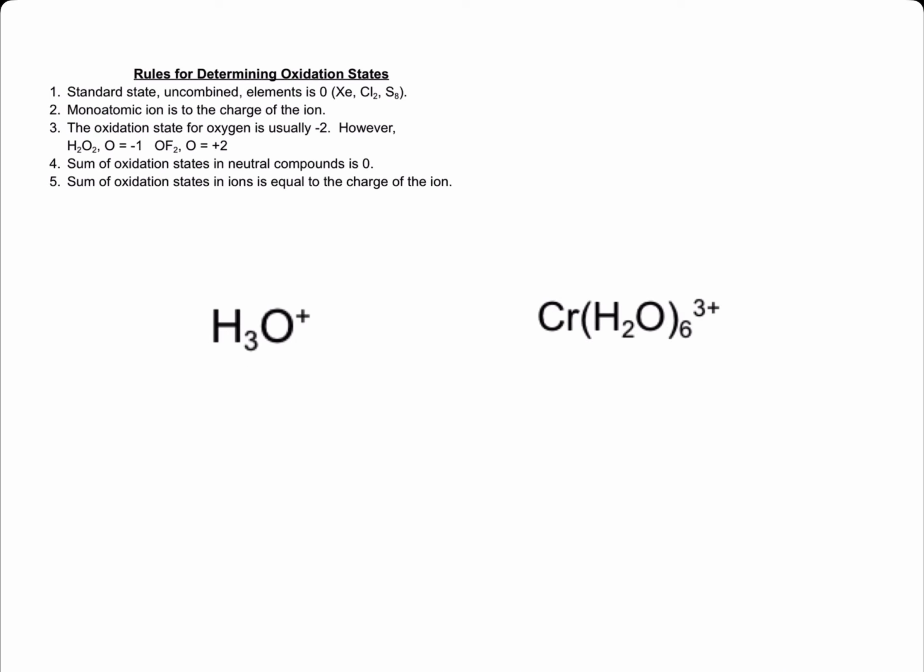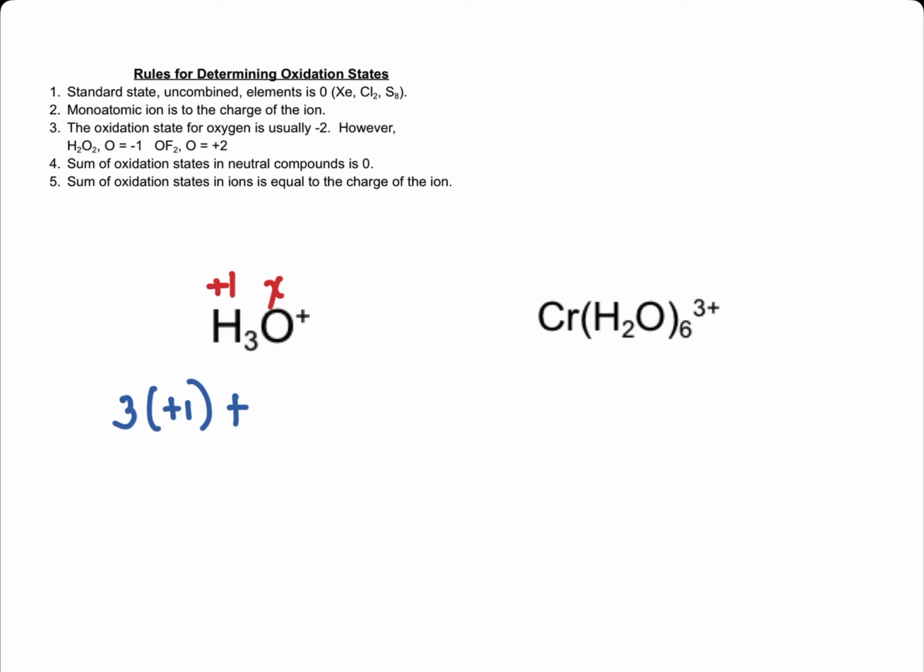H3O plus. Now, oxygen is our exception. It has different rules. But we know that hydrogen is in group 1 and it will always be +1. Oxygen is my X. I don't know what oxygen is. There are 3 atoms of hydrogen.